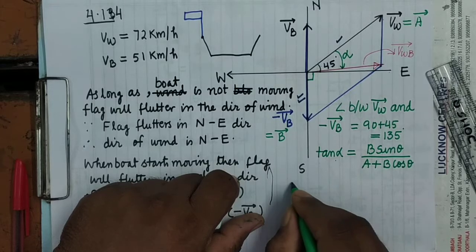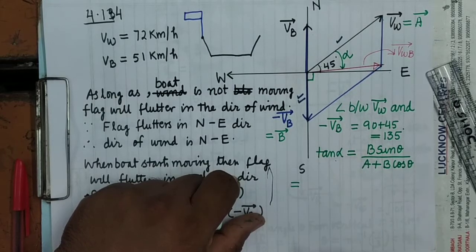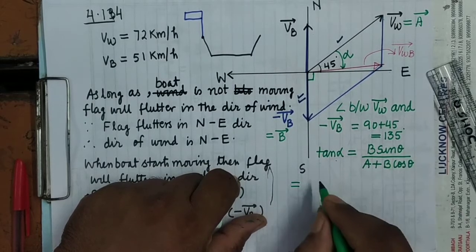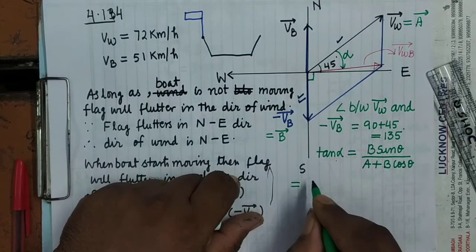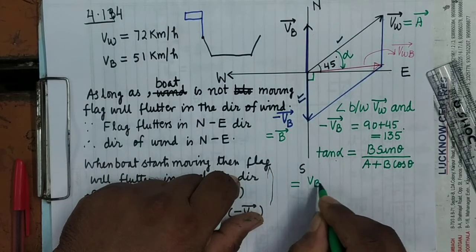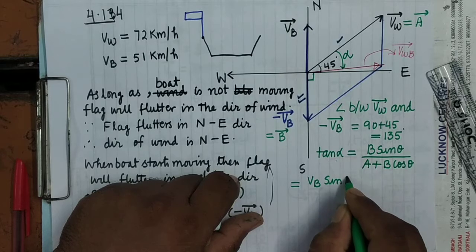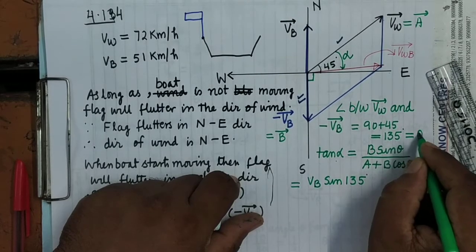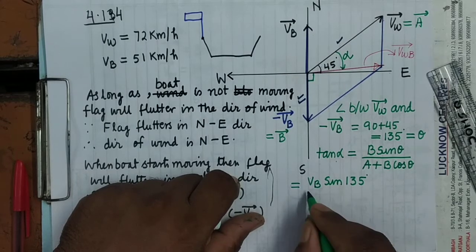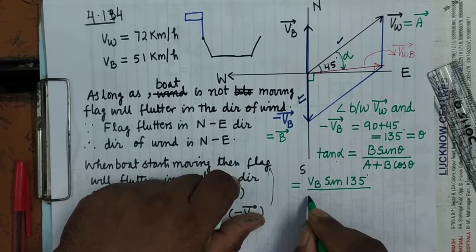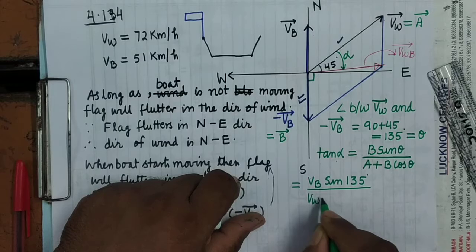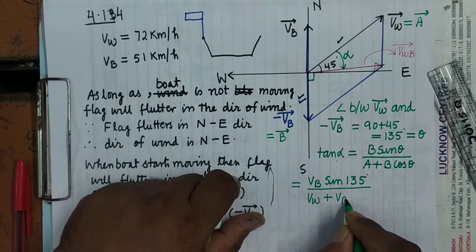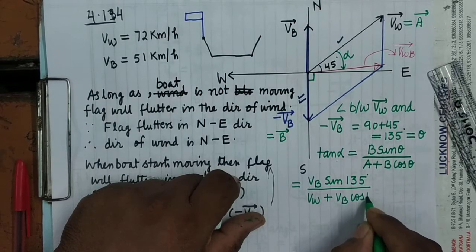So you write down it will be equal to, what is B? It is VB. Its magnitude is VB. So it is VB sin 135 degree, because theta is angle between both the vectors, which is this. Upon A is VW plus VB cos 135 degree.